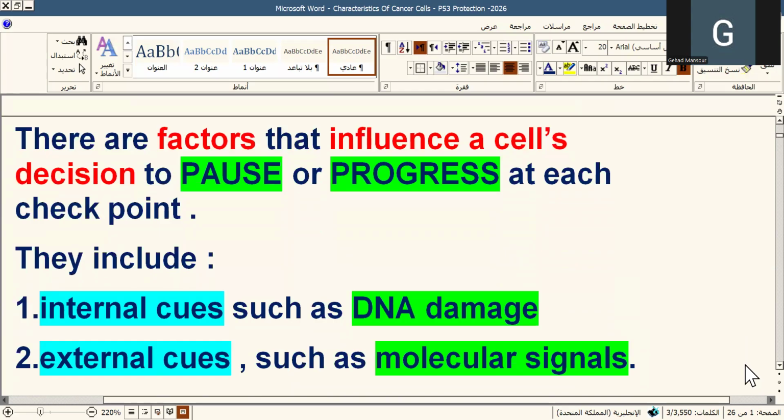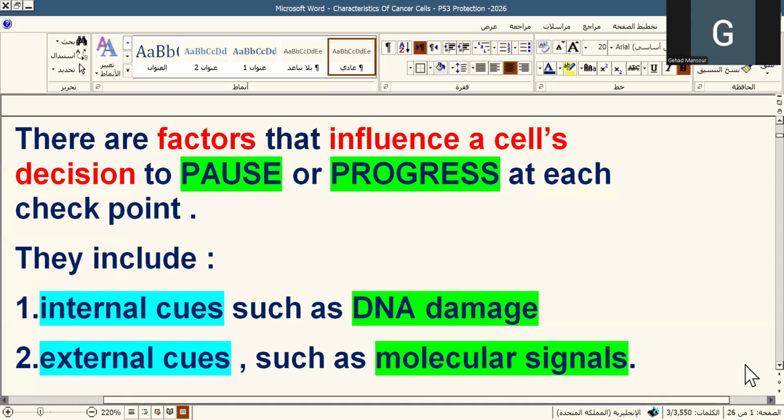So as the cell is progressing across the cell cycle, every now and then the checkpoints or regulatory proteins, which are timed to interfere at particular specific moments during the cell cycle, have to make the very important decision of whether the cell will continue and pursue or will stop and be discarded.